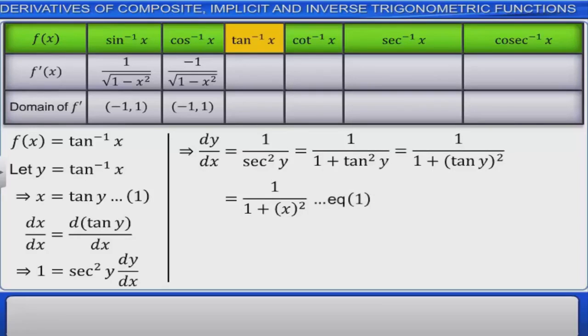The derivative of tan inverse x exists for all real values of x.